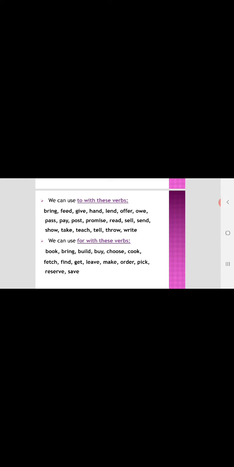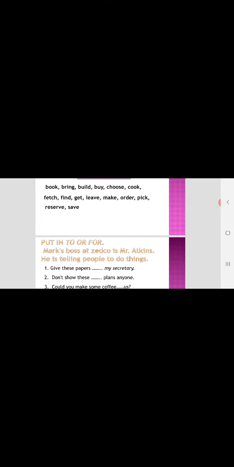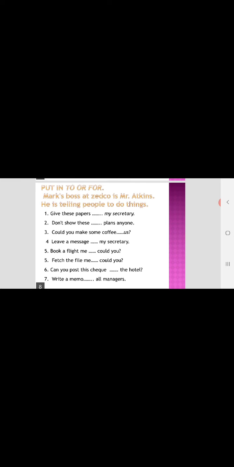We can use for with these verbs: book, bring, build, buy, choose, cook, fetch, find, get, leave, make, order, pick, reserve and save. Now let's do this exercise.